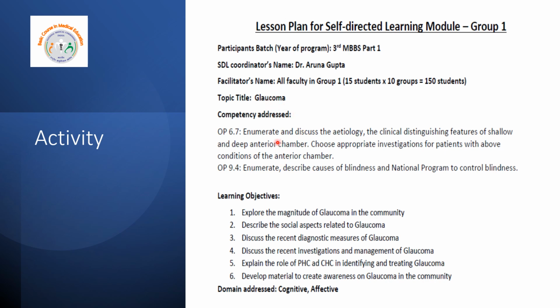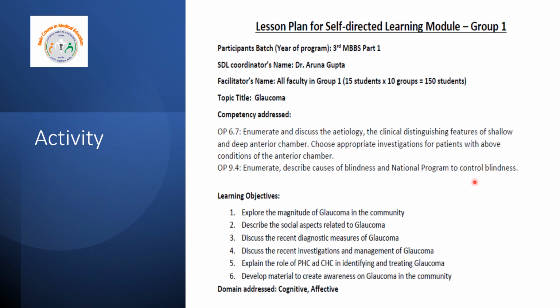What are the competencies addressed? Here they have mentioned the competency: enumerate and discuss the etiology and clinical distinguishing features of shallow and deep anterior chamber; choose appropriate investigations for patients with the above conditions; and enumerate and describe the causes of blindness and the national program to control blindness.